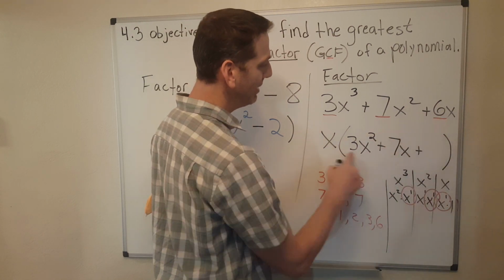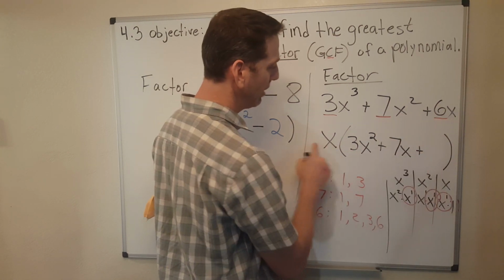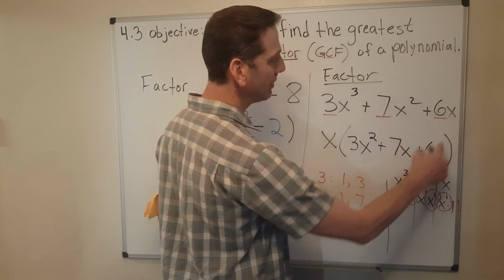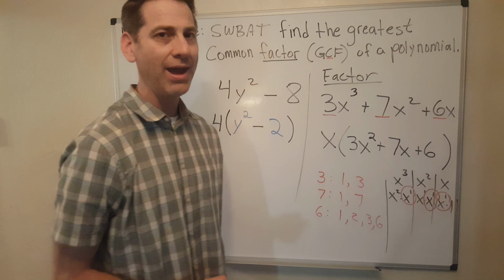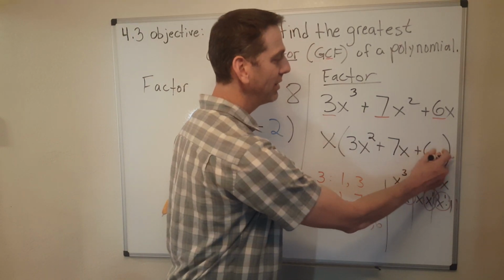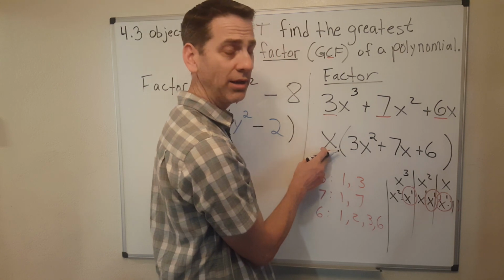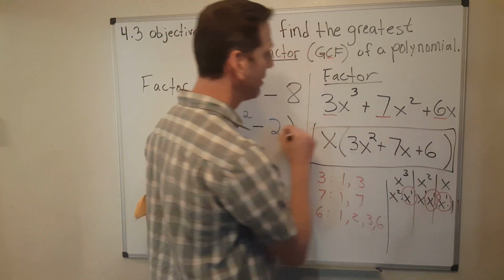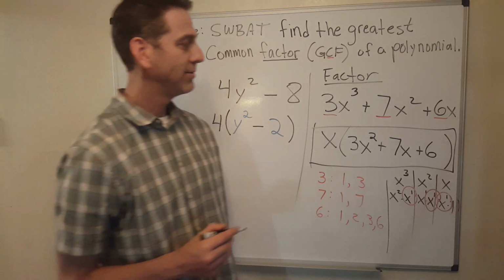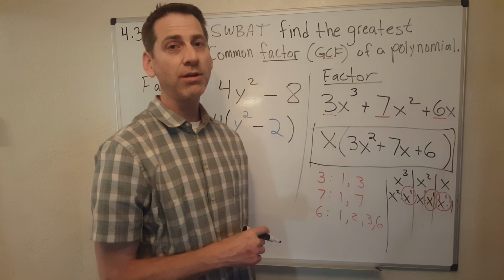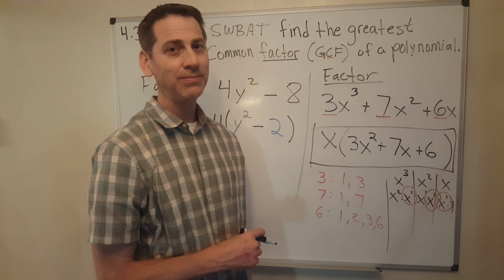So 6, I'm going to need a 6 here because I don't have a 6 out here. So x times 6 is 6x, which is exactly what I have. So I don't need to put any x here because the x has already been provided for right here. Okay? And that is factored. We'll learn on our next video how we can factor that more completely.